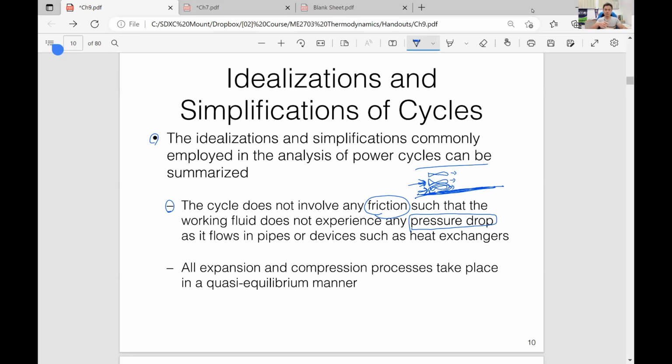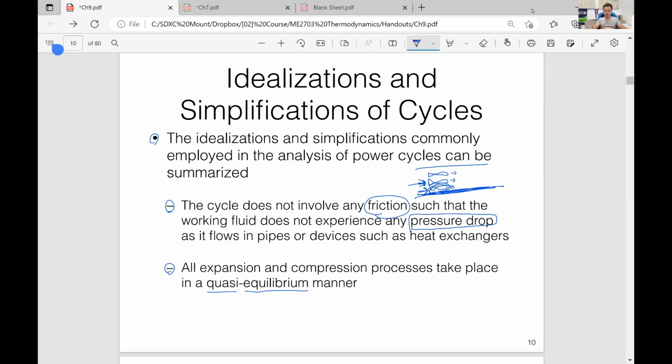But for the ideal case, we just assume there's no friction. So there's no pressure drop when the working fluid flows through a pipe. Okay, that's the first one. The second one, all expansion and compression processes take place in a quasi-equilibrium manner. So quasi-equilibrium, we have mentioned this a lot.